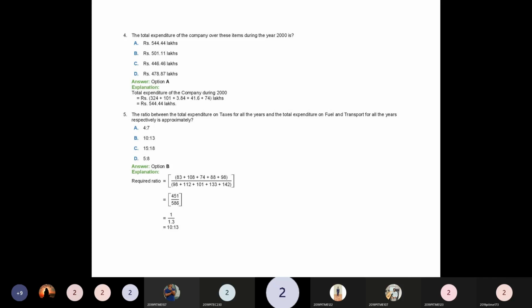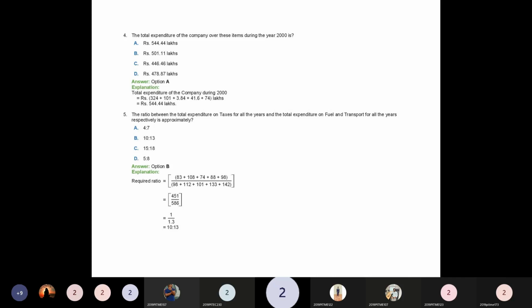Option A is correct. The next one: the ratio between the total expenditure on tax for all the years and the total expenditure on fuel and transport for all the years respectively is approximately. Again, they've given two data sets and they're asking the ratio, between tax and fuel and transport.